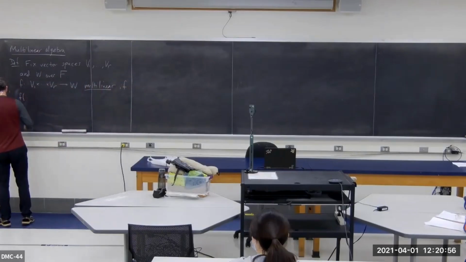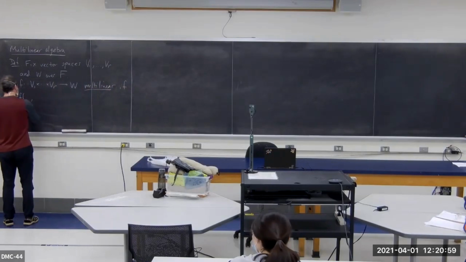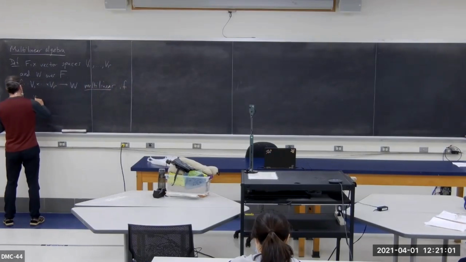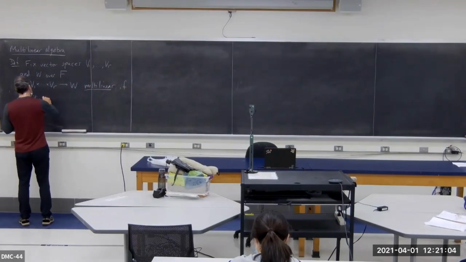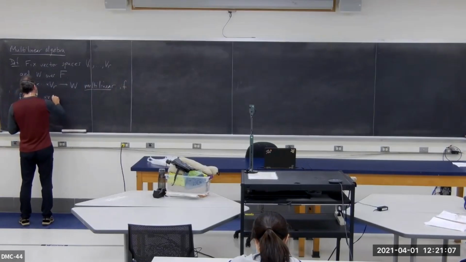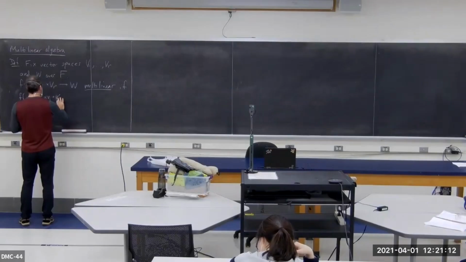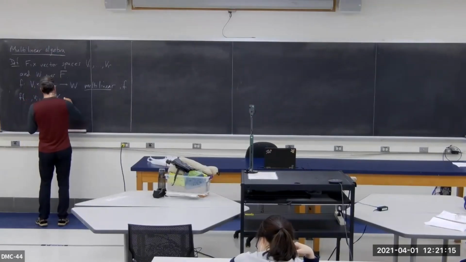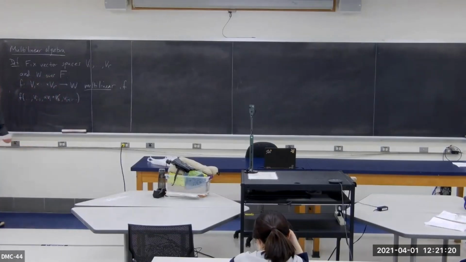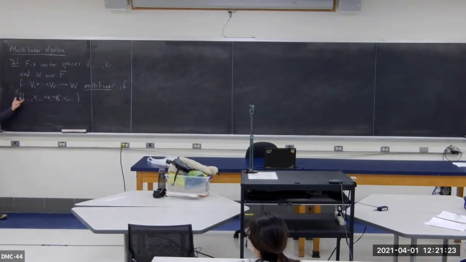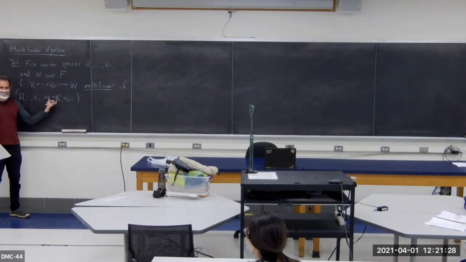Suppose that you've got some entries here, and then you've got vi minus 1, and then you have a linear combination in the ith slot: alpha vi plus vi prime, and then you have the next one, vi plus 1, and so on. So you have all the entries, a little v1, a little v2, a little v3, but in the ith slot, instead of just little vi, you have alpha times vi plus vi prime.